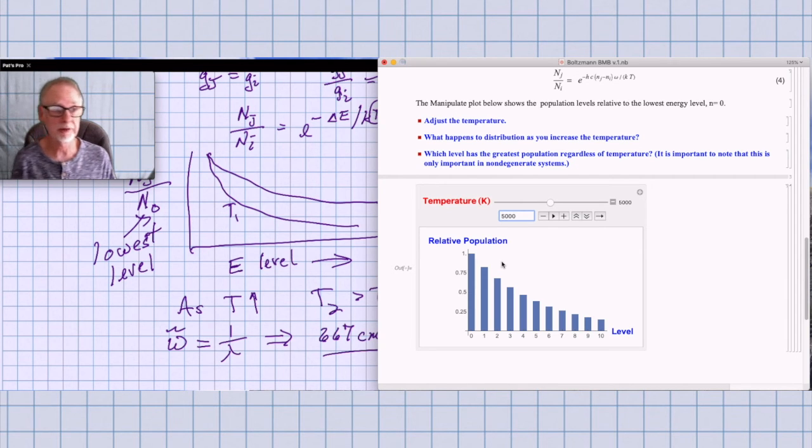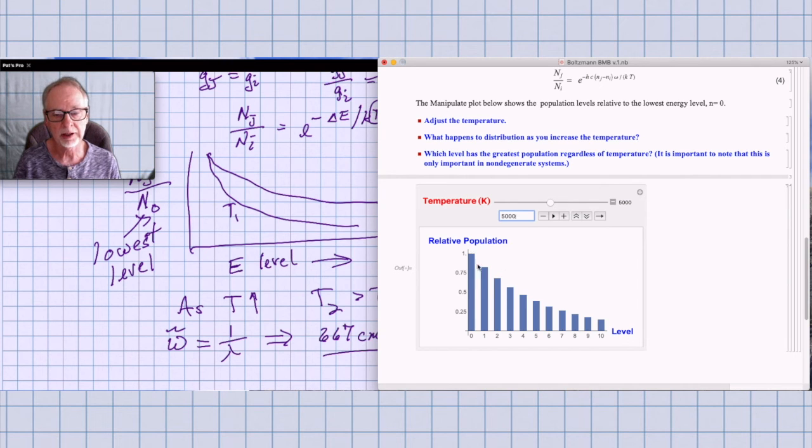That's fairly important because as we start to populate the upper energy levels of molecules, what that means is, if you take a mole, 6 times 10 to the 23rd molecules, and measure the energies of all the molecules, you're going to find this relative population distribution.